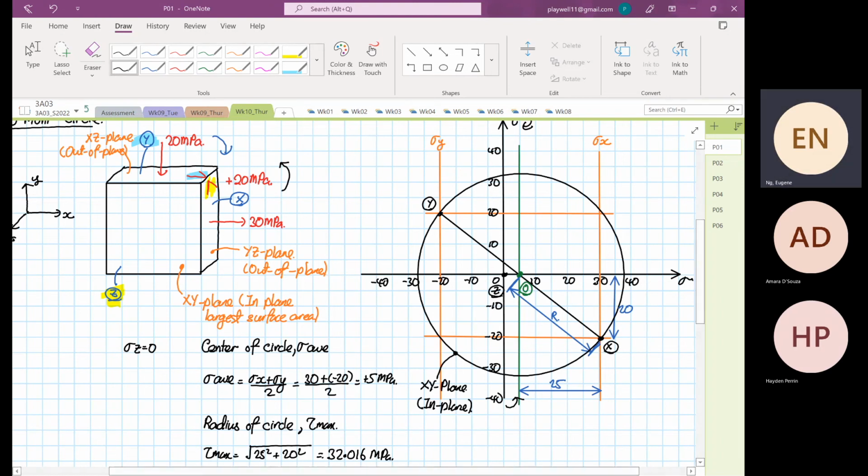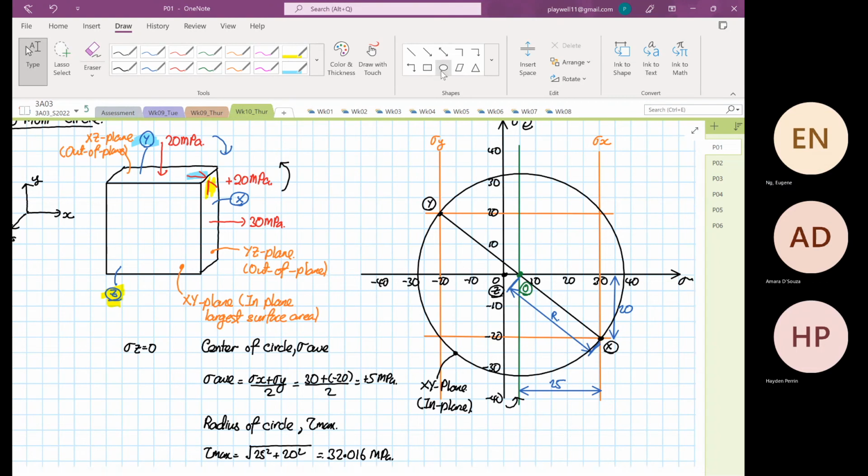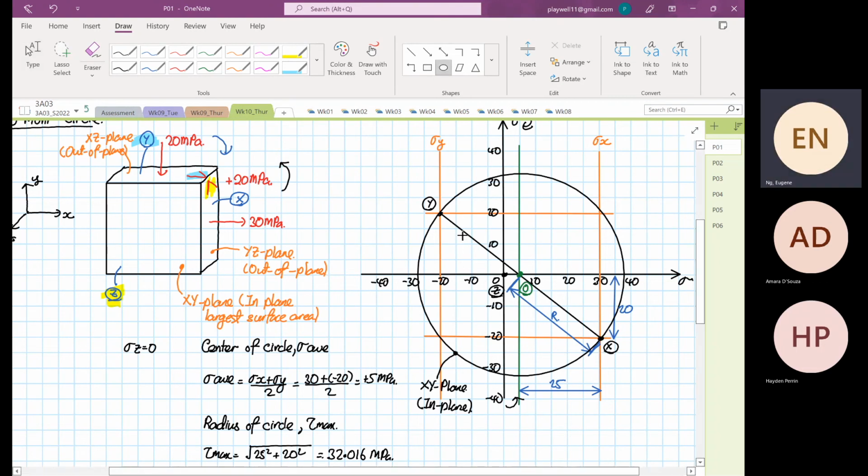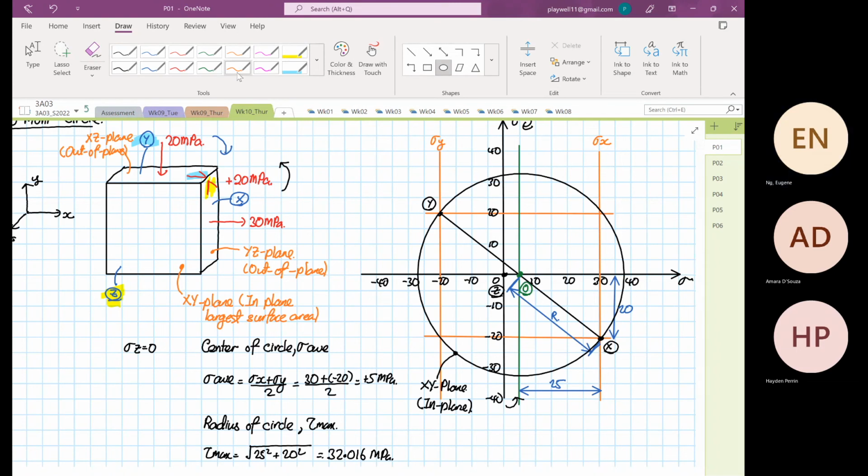Then we can construct another circle, and the circle will be here.